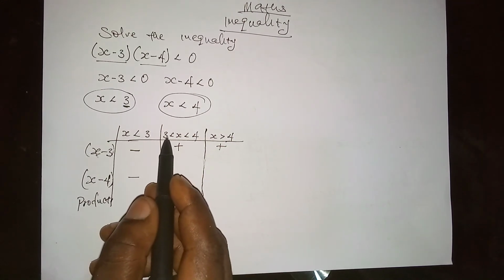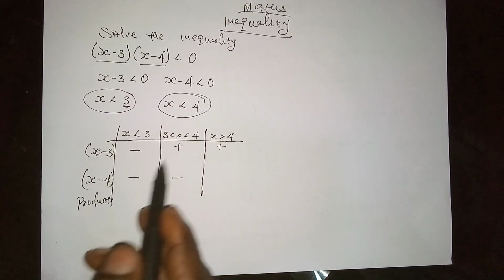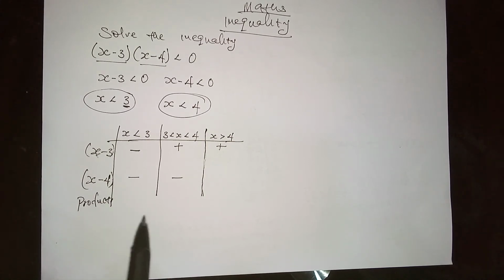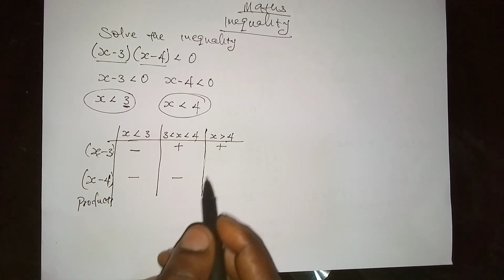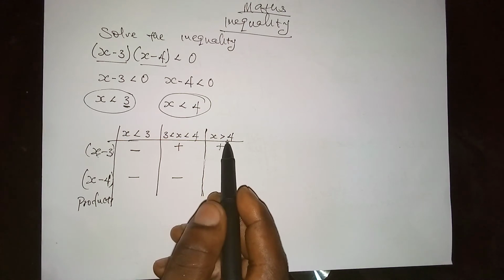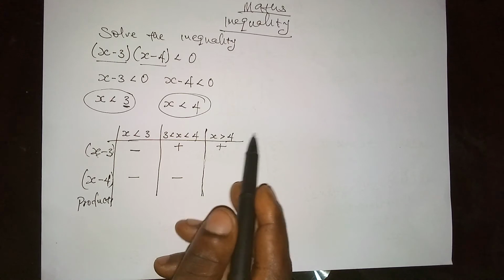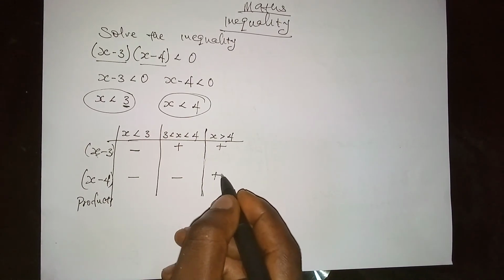But this one says x is less than 4, so it should be from 3.9 downwards, but not up to 4. So we'll have a negative number. Now when we slot in any value greater than 4 for x, 5, 6, 7, 5 minus 4 is 1, so we have a positive number.